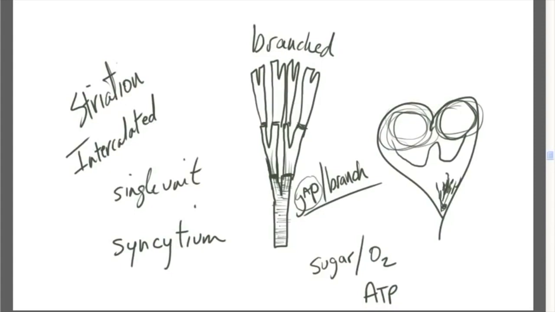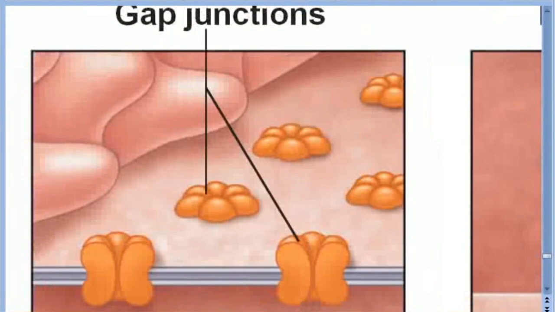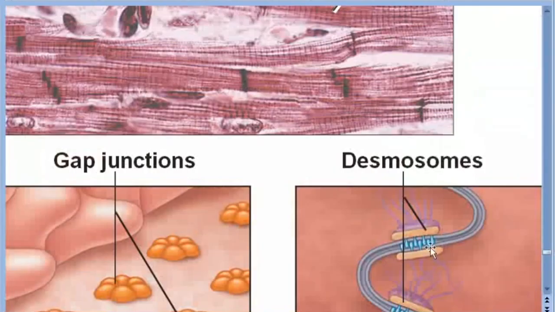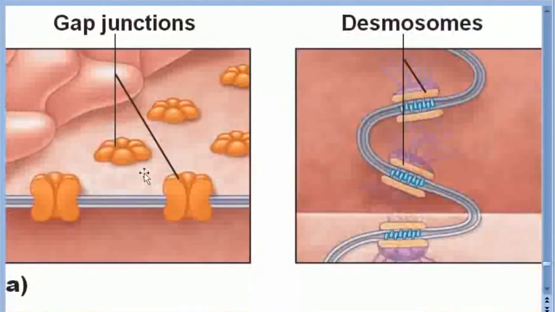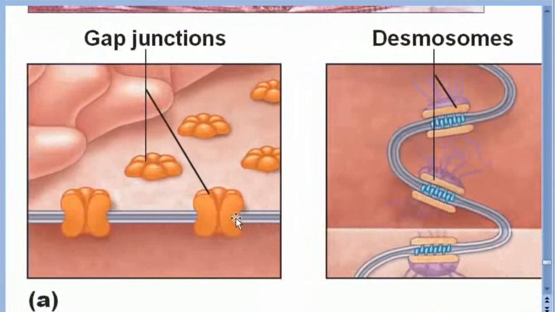What is a gap junction? Here's a gap junction. I think we're zoomed just a little too much. Here's one cell, and here's another cell. A gap junction contains a little channel between the cells. What does that channel between the cells allow?